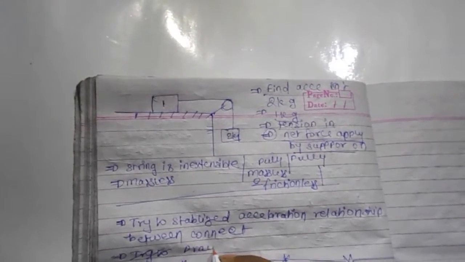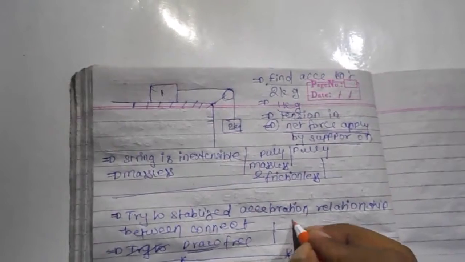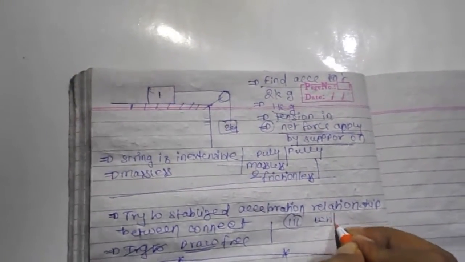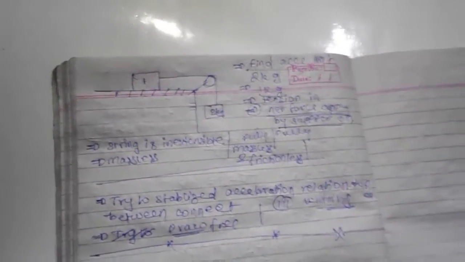You can switch between the first and second. And third is writing down the equations. Which type of equation? Newton's law equations.